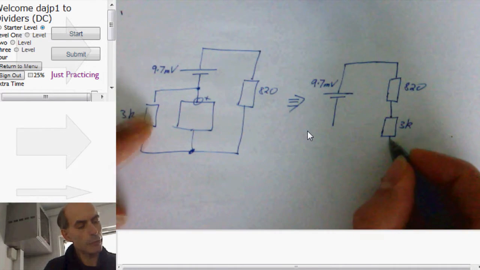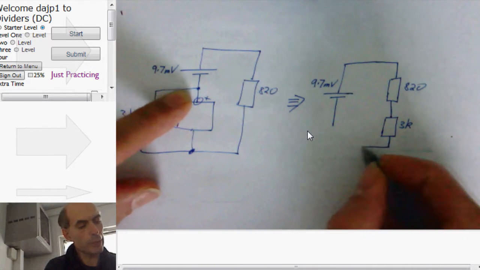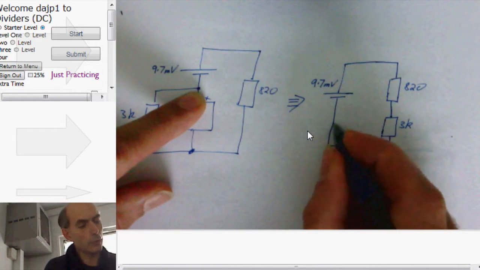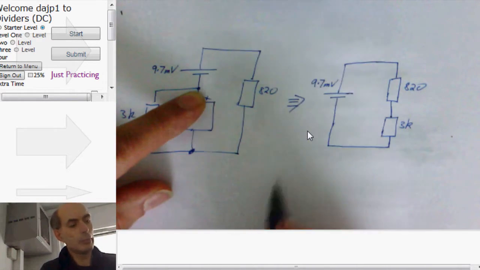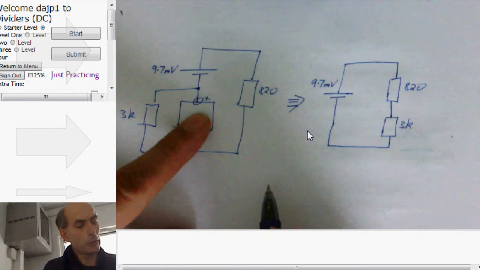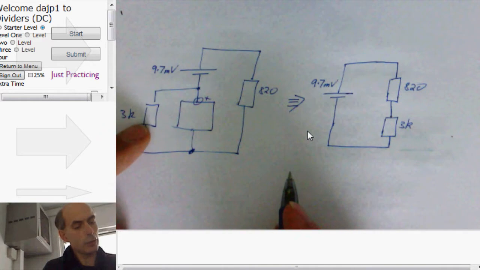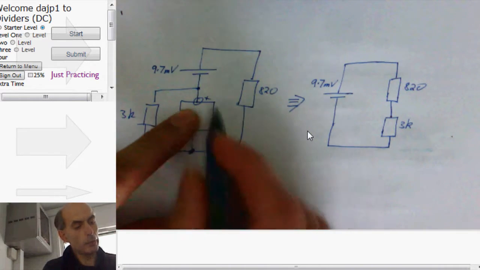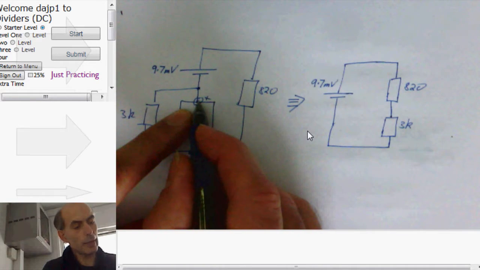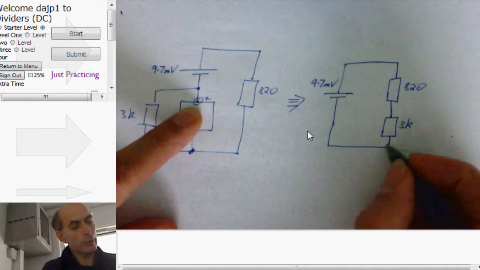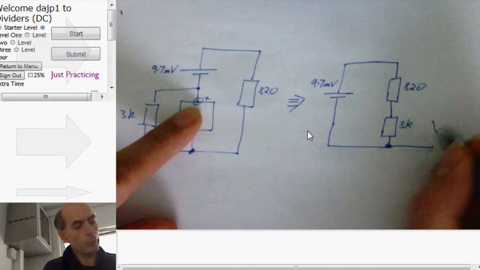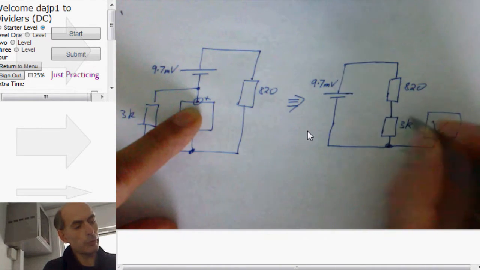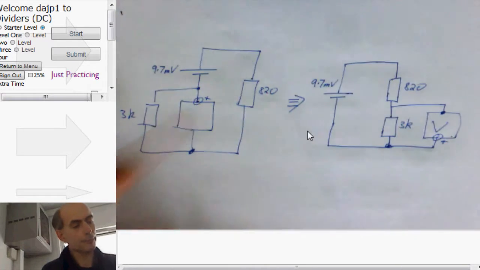And the 3K resistor of the side of it comes round and connects to the bottom of the 9.7 millivolt source. The voltmeter is just across the 3K resistor, but its positive terminal is connected to the end down here. So I've got a voltmeter whose positive or red terminal is on that side.